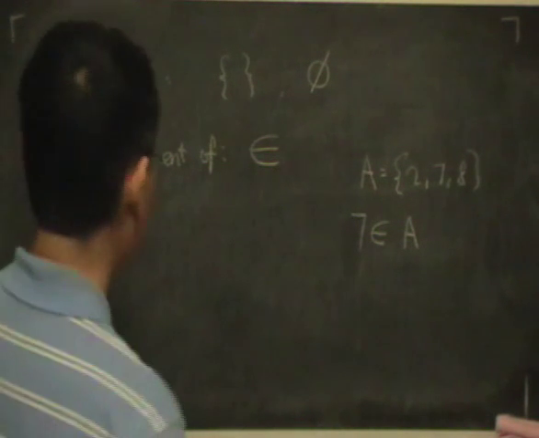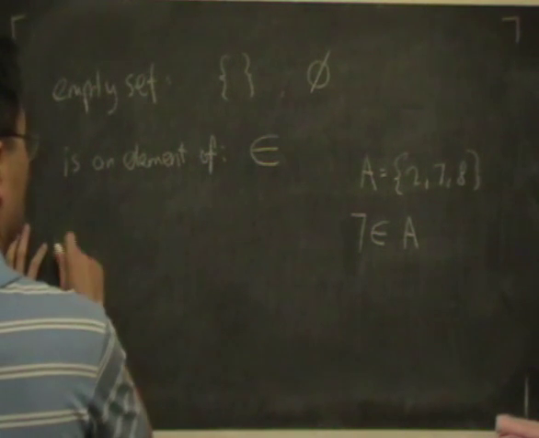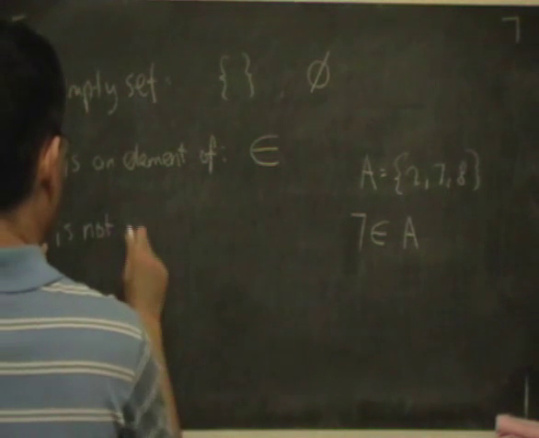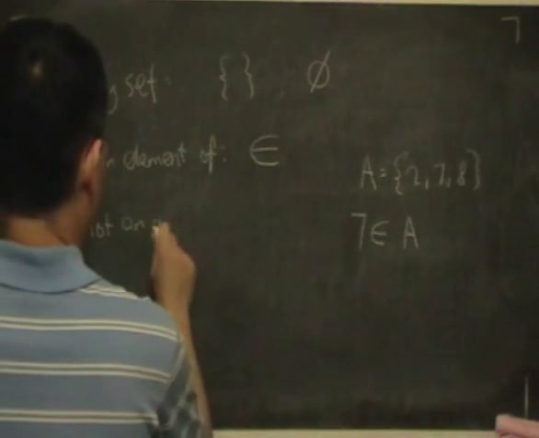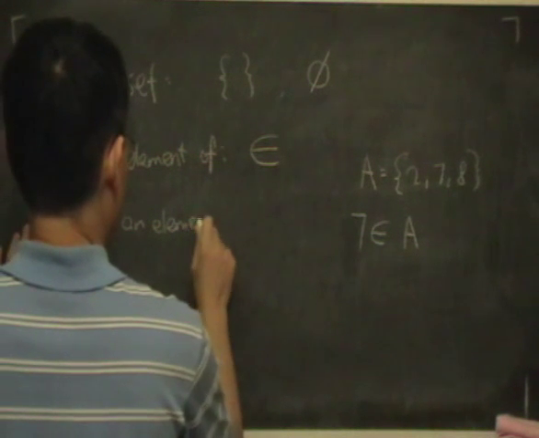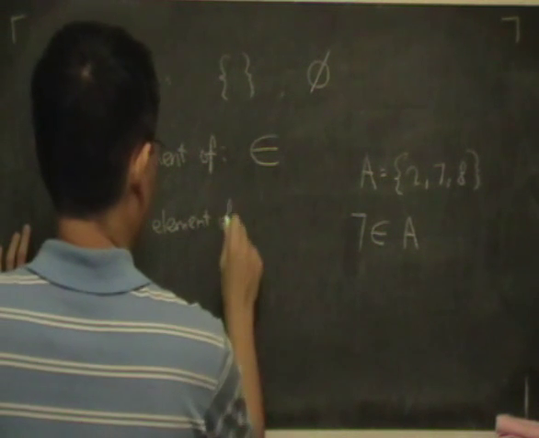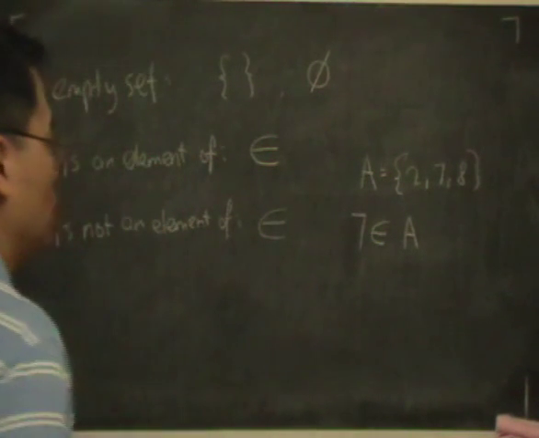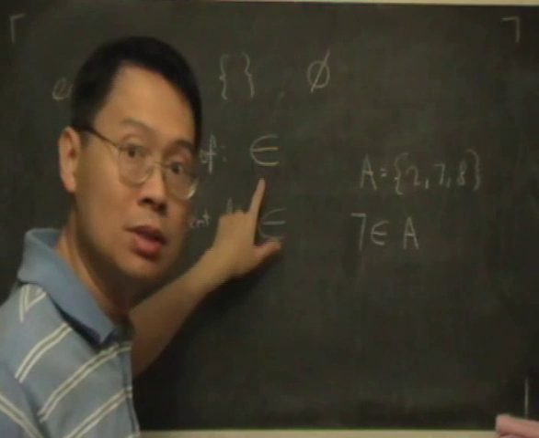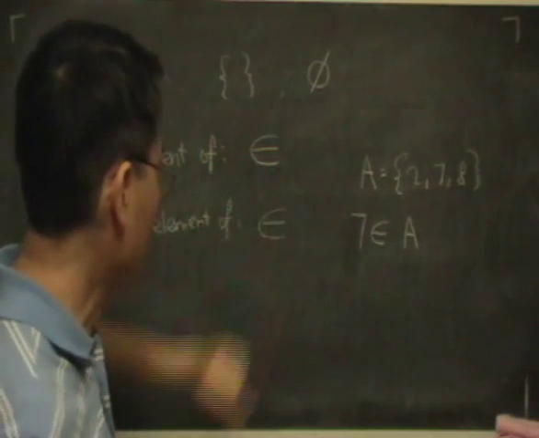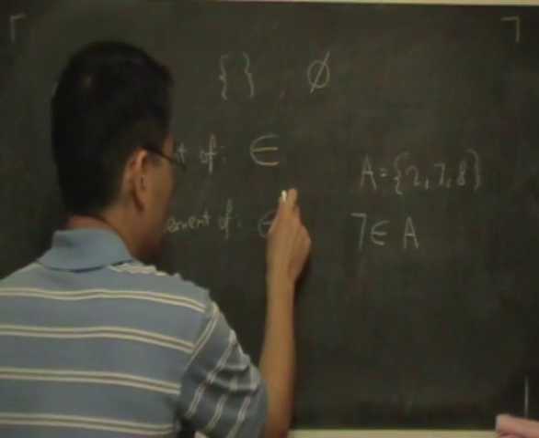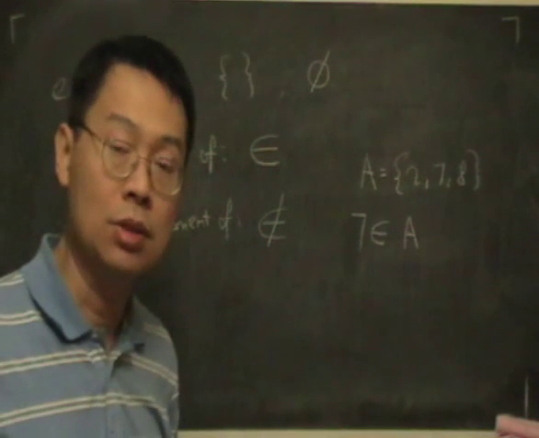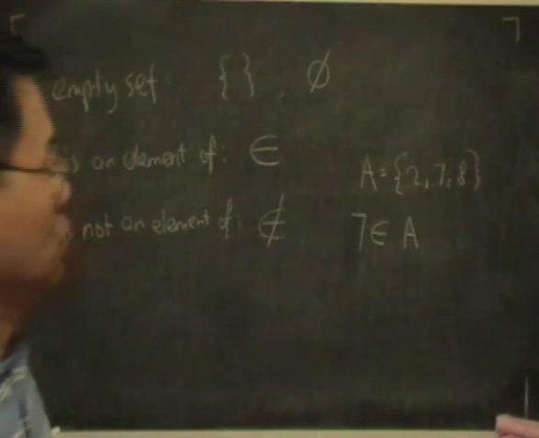Likewise, we have another symbol which means "is not an element of." Now we start with the same symbol as before, but we add a stroke or line across it. So this means it's not an element of.